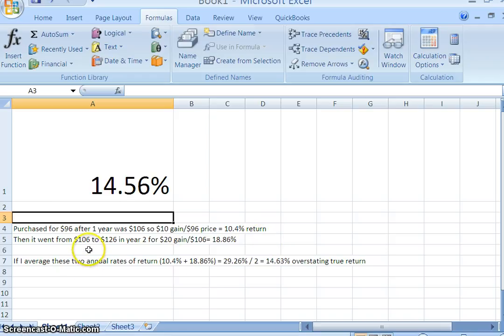And then in the second year it went from 106 to 126, which was a $20 gain divided by the starting price of 106 at the beginning of year 2, giving me a rate of return of 18.86. If I average those two annual rates of return, I would get 14.63, which actually overstates the true rate of return.